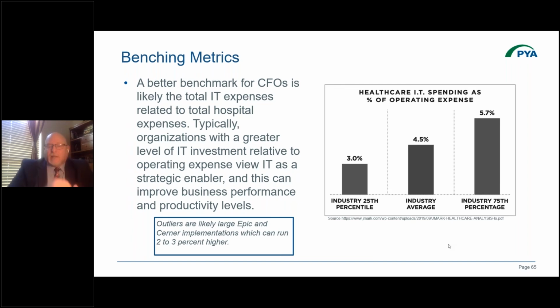Cerner's a fairly expensive system if you're not running Community Works. Community Works is going to be back in that 4.5% to 5% range. So I challenge you, encourage you, and CFOs have different ways to do this. For example, I have some CFOs who include some of their HIM numbers and telecom numbers, marketing and stuff like that, and then you're obviously going to be outside of this. When you're looking at this from an industry standpoint, we typically carve out telecom.